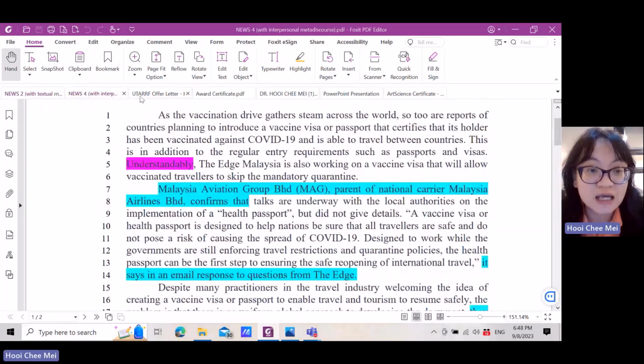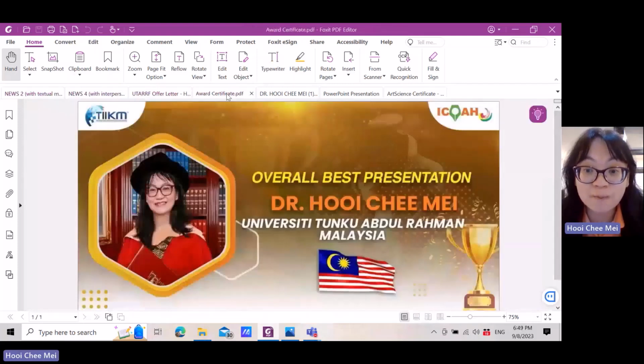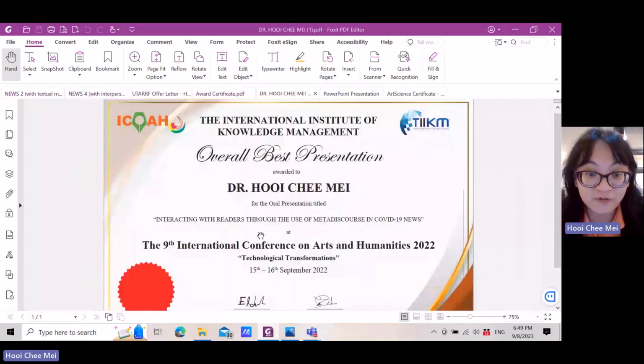This innovation was funded by UTRF, which is the Universiti Tunku Abdul Rahman Research Fund. We received numerous awards. Firstly, overall best presentation, and this was the certificate that we received for the ICOA Conference 2022.